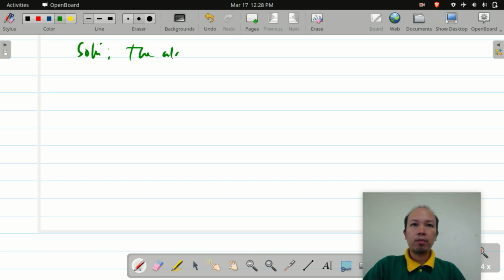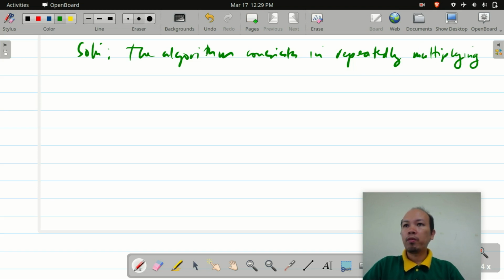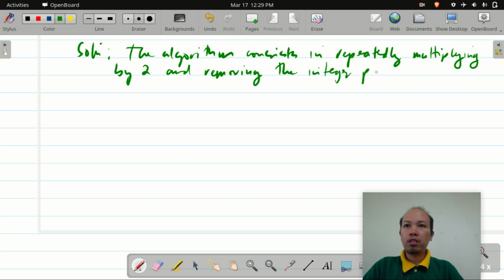So the algorithm consists in repeatedly multiplying by 2 and removing the integer parts.